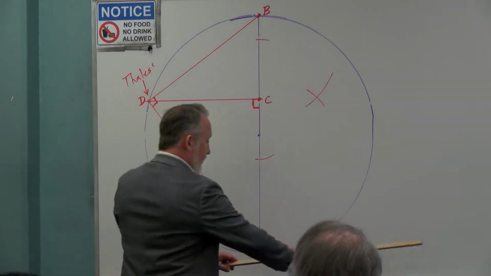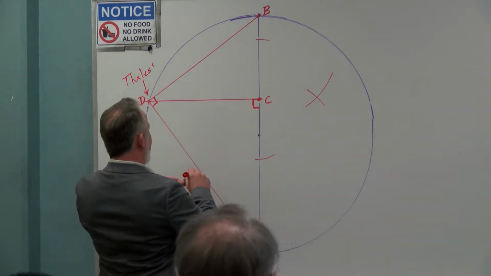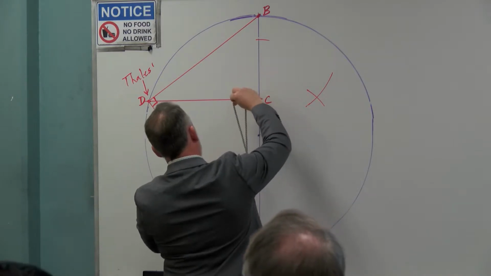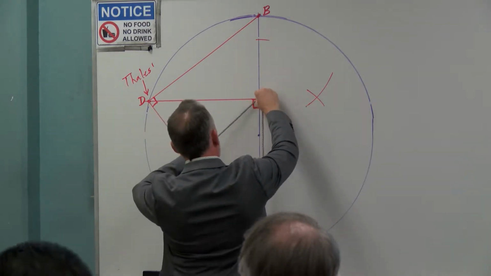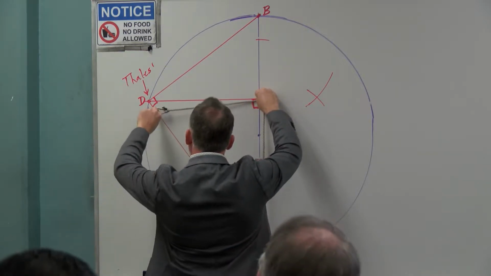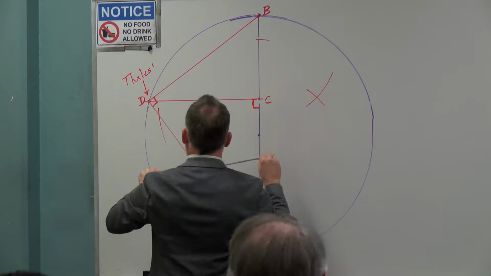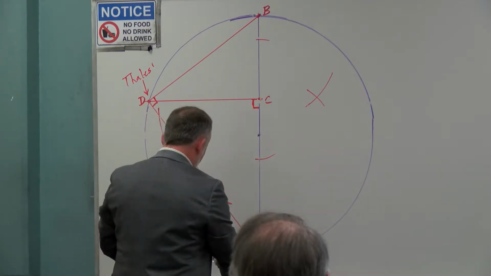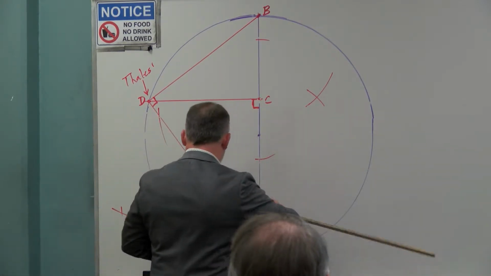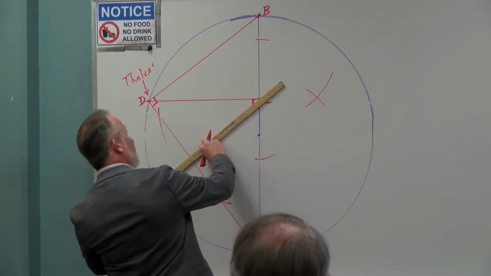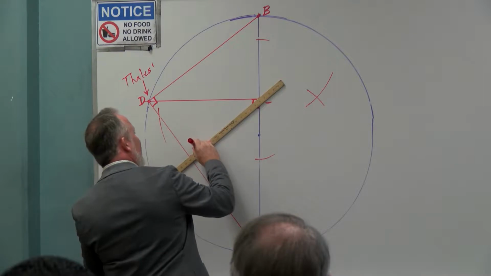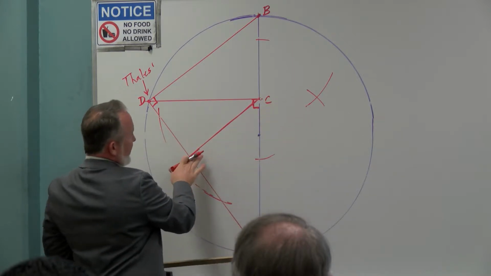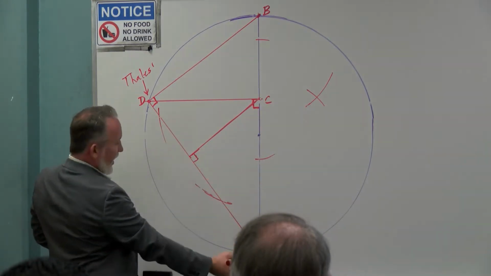So what I'm doing is constructing now this line that is perpendicular to AD.